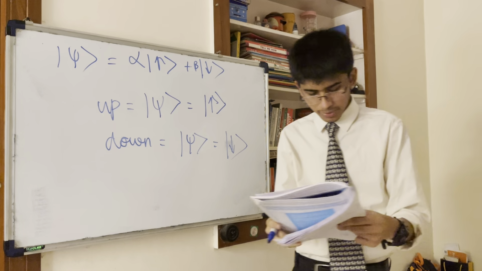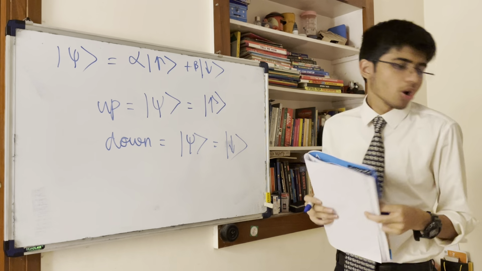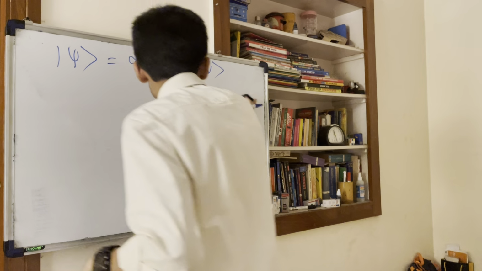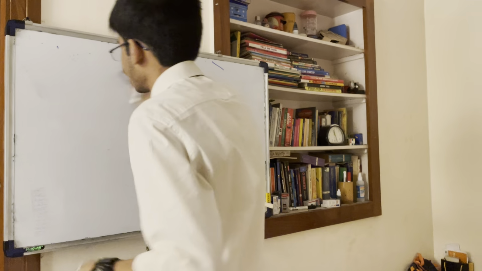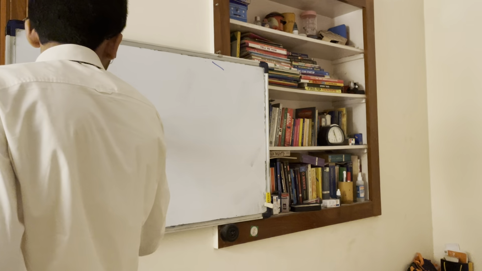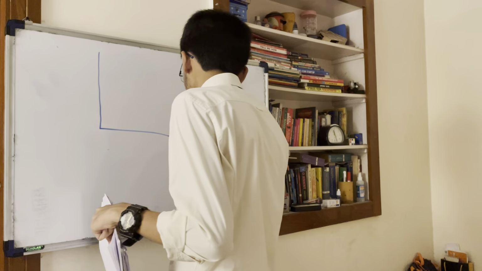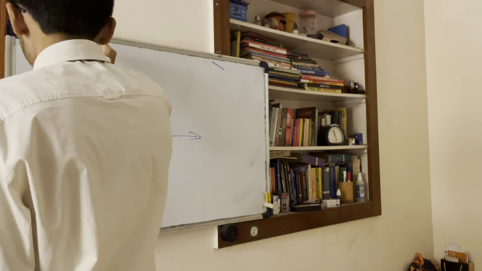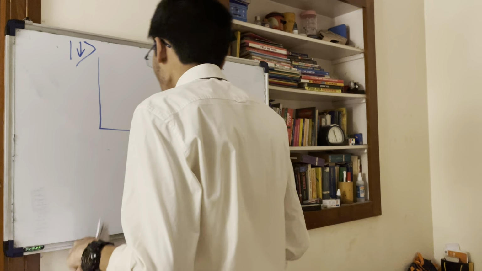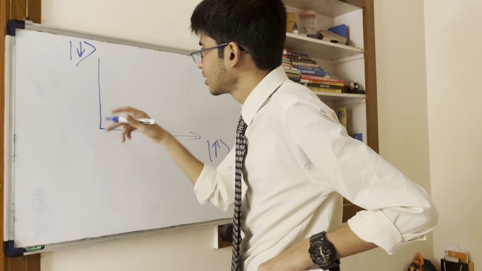So what does it mean? This means that we are collapsing the wave function. Again, that's a big word, but there is nothing complicated. It's just very intuitive to understand if you look at it using the graph. So let's say, again, as I said, you can represent vectors as combinations of the components. So if we have this as being spin down and this as being spin up, our quantum spin vector psi is, let's say, a linear combination of these two.